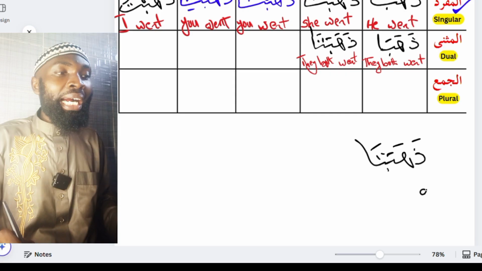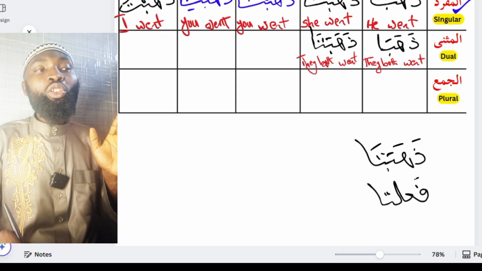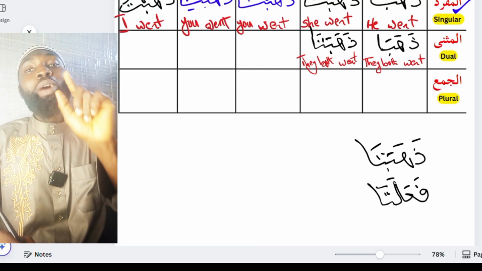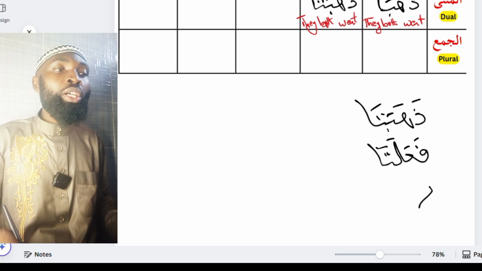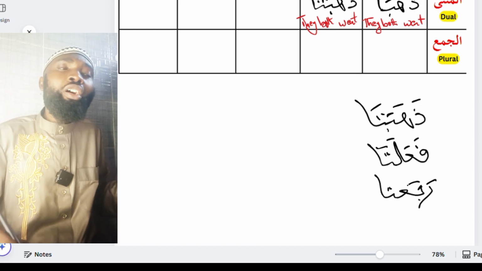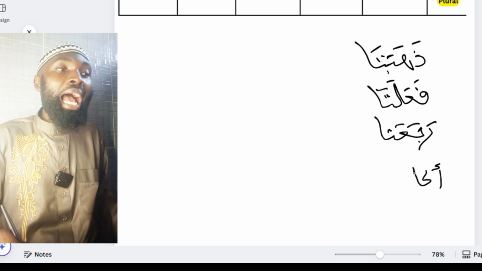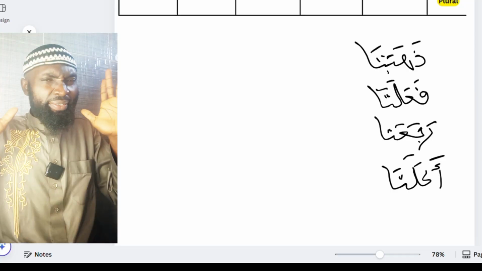Now it will be fa'alata, the same way. Any addition you have made to the word dhahaba is the same addition that you will be making to any other verb you bring. If it is raja'a, which means return, it will be raja'ata, both of them females returned. If it is akala, which is he ate, it will be akalata, both females ate. That is very easy.